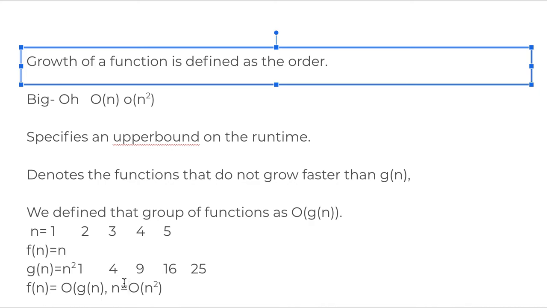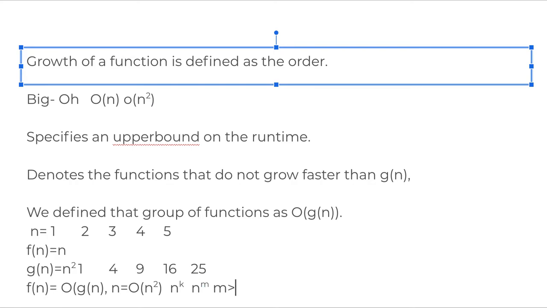Another thing to note is the degree of a polynomial. There's a polynomial of the form n raised to k and another polynomial of the form n raised to m. This is the first polynomial and this is the second polynomial, and these are the highest degree terms.